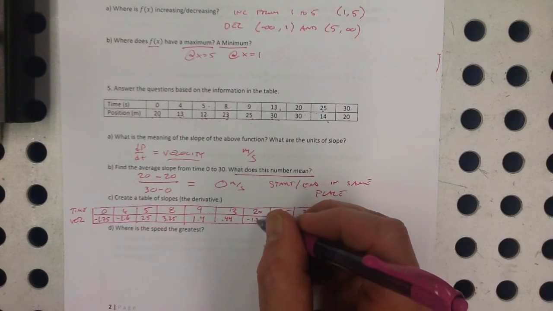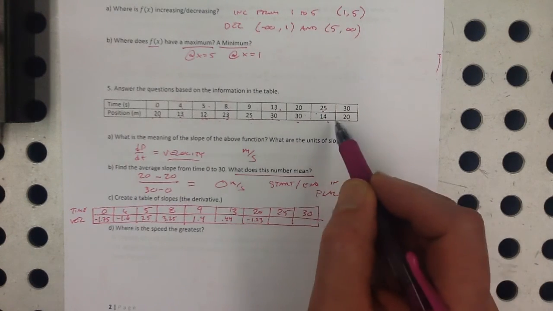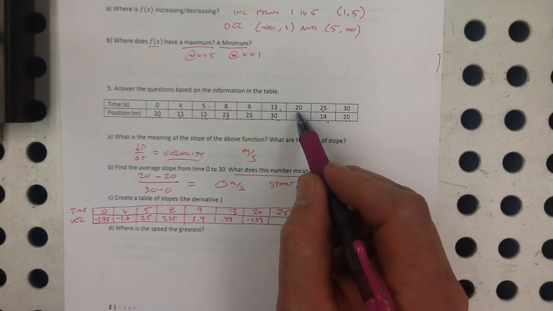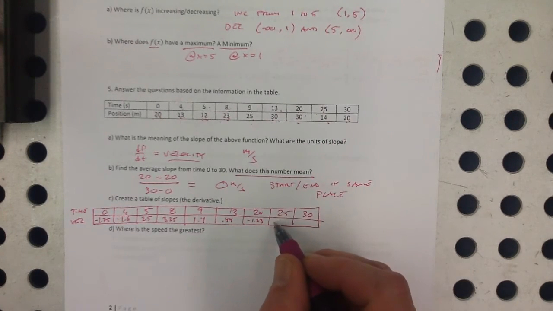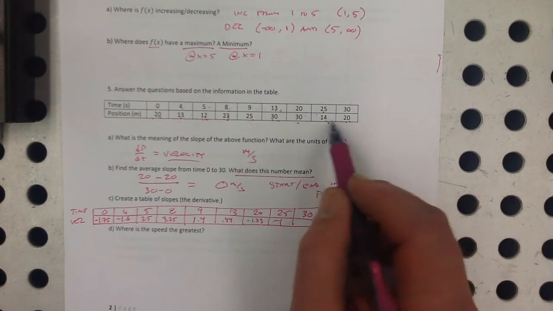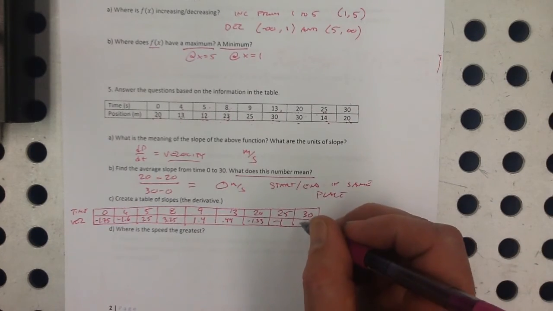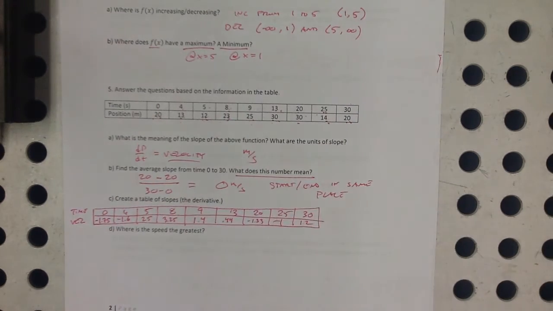Negative 1.33. 25 going down 10 and 10, so that's just negative 1. And here for the last one, I have to use those two, so it looks like I'm going up 6 over 5. So I think those are right. Okay, so those are the velocity values.